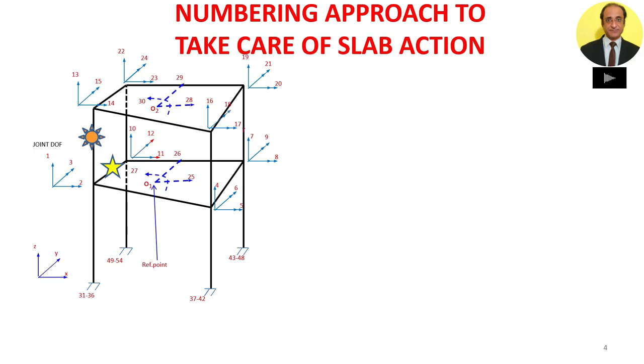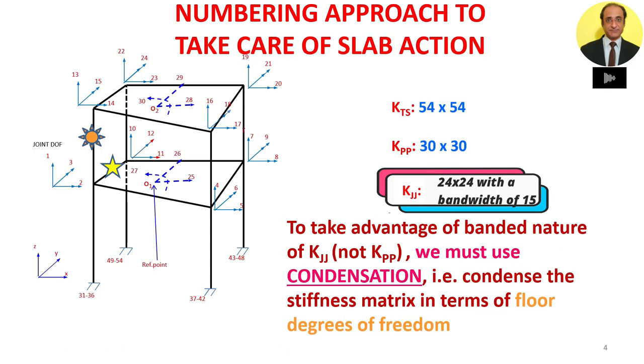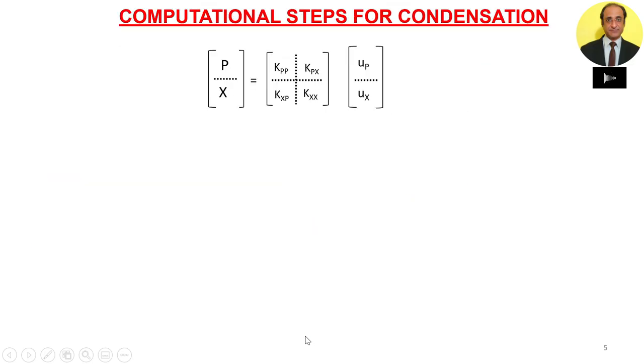To take full advantage of the banded nature of KJJ, we make use of condensation. That is, we condense the stiffness matrix in terms of the flow degrees of freedom. And this has another advantage also, that being a 3D structure, the size of the condensed stiffness matrix will be small, and this can also be used for dynamic analysis of the structure.